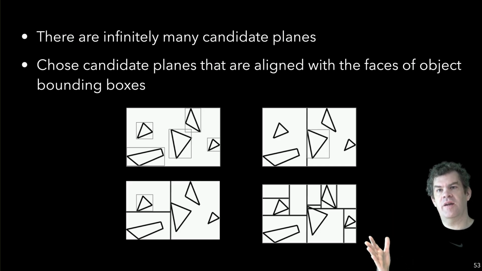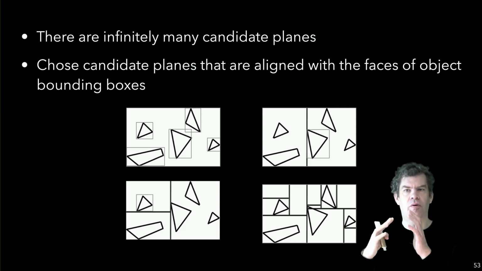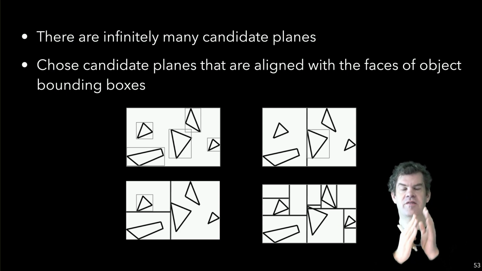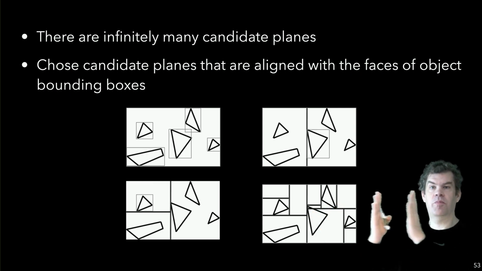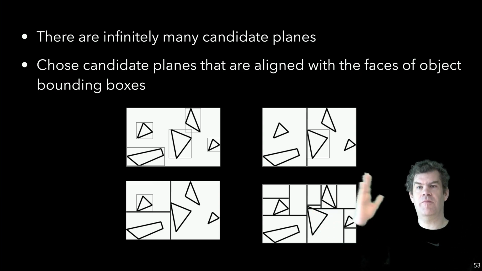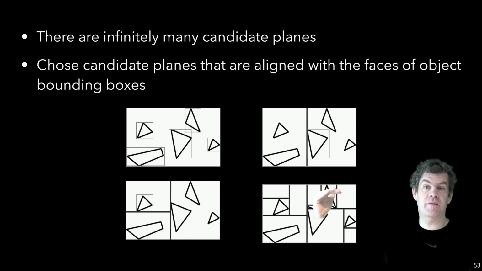The trouble is, again, where do we place those things? We've now fixed the orientation, but this means we have an infinite number of positions to choose from. The positions are obviously just along one axis, so they're at least one-dimensional, but there are still tons of things to choose from, right?